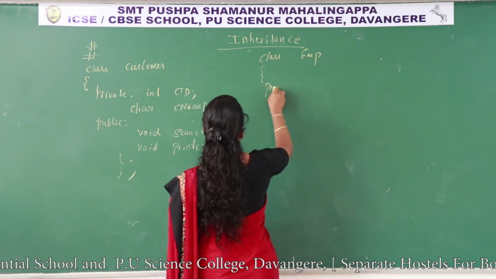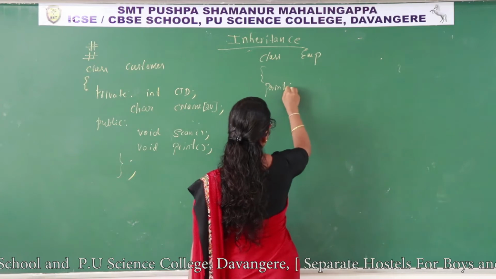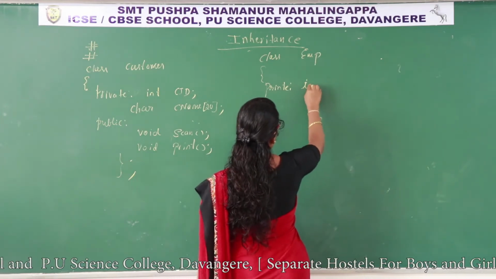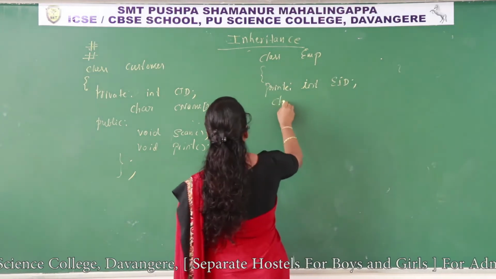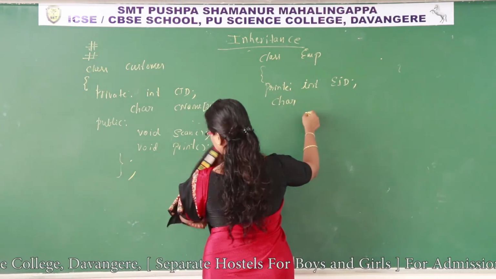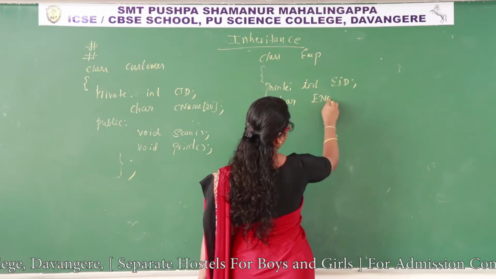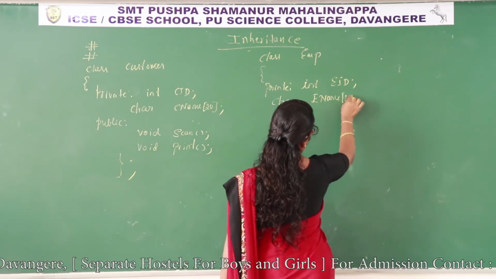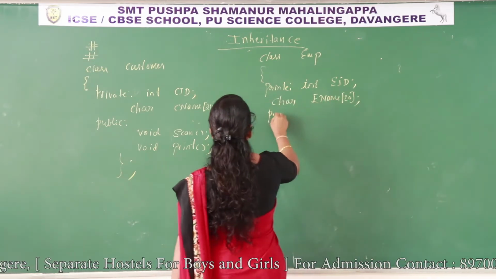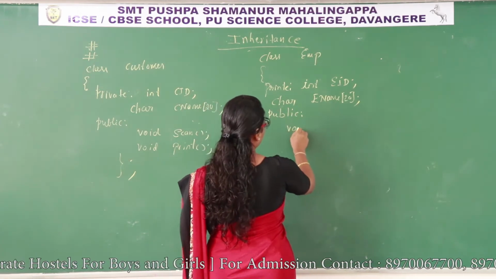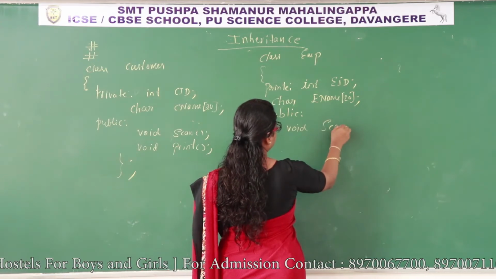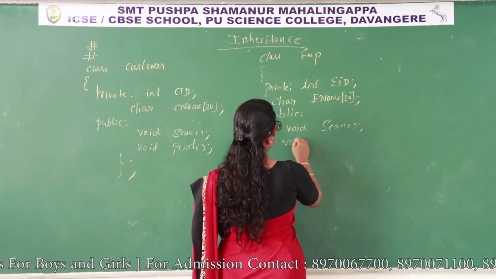In the private section, I'll take employee ID, integer type int employee ID, char employee name. Here also I'll take two functions to access these data members, void scan and void disp.